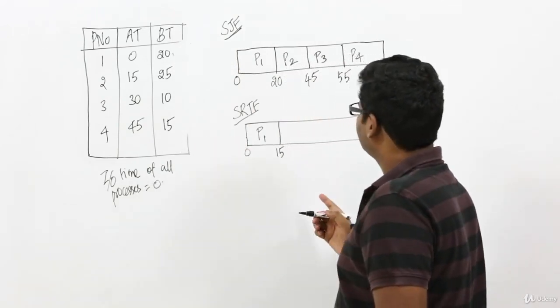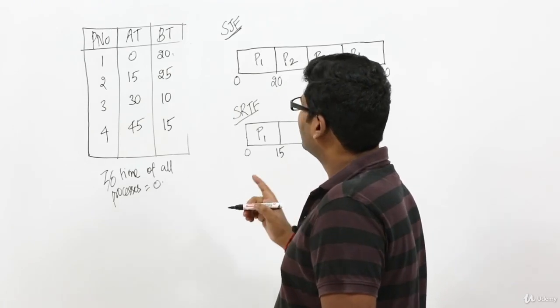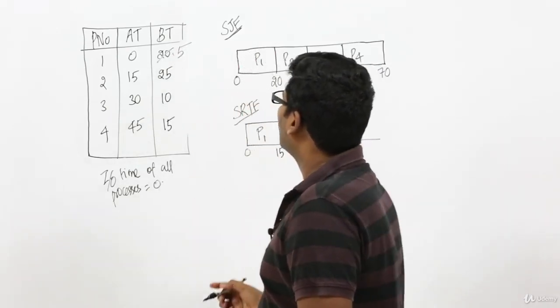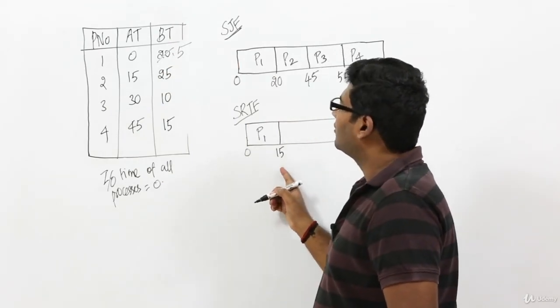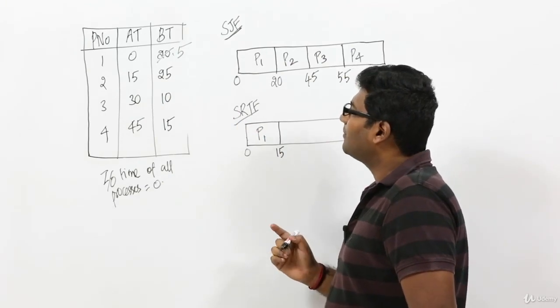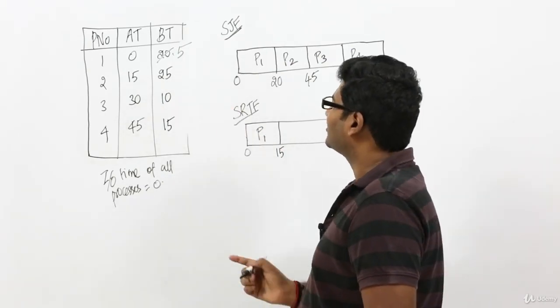After executing P1 for 15 time units, its remaining time becomes 5. Now at time unit 15, we have both P1 and P2 in the RAM, out of which the higher priority process is P1, because it needs only 5 time units, whereas P2 needs 25.